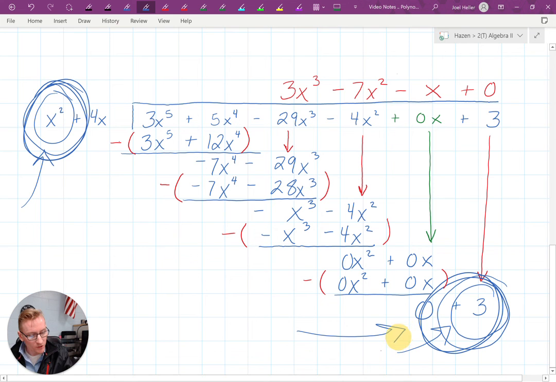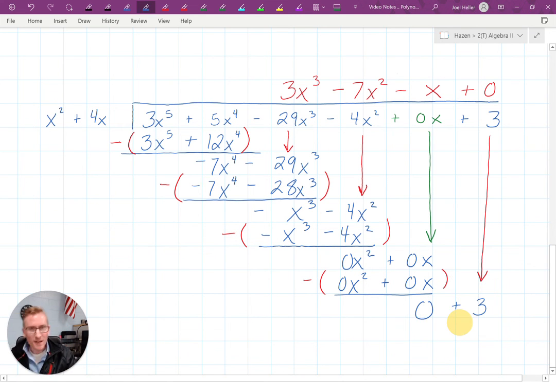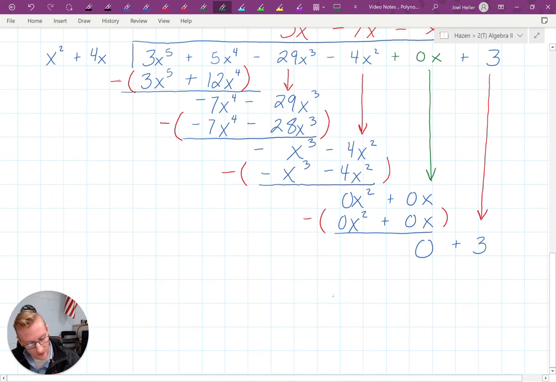The degree of this term has to be smaller than the degree of that term. Now that I've reached that point, this plus 3, I know that is my remainder.